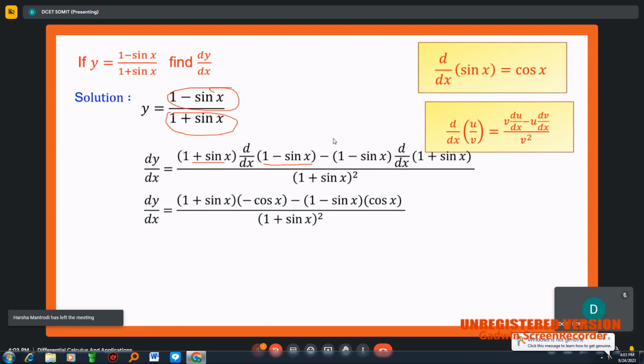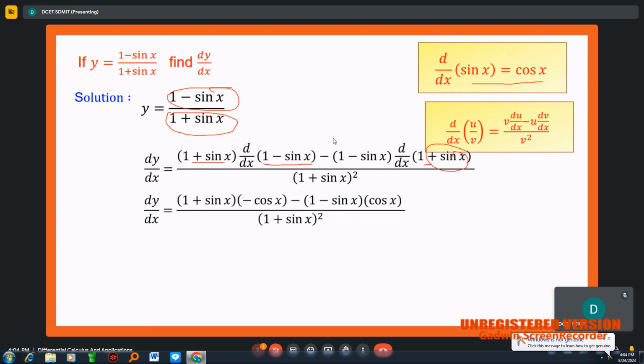Differentiation of 1 minus sin x: differentiation of 1 is 0, minus differentiation of sin x, which is cos x. Minus stays as it is. 1 minus sin x is a constant term. Differentiation of 1 plus sin x: differentiation of 1 is 0, differentiation of sin x is cos x, divided by 1 plus sin x whole square.